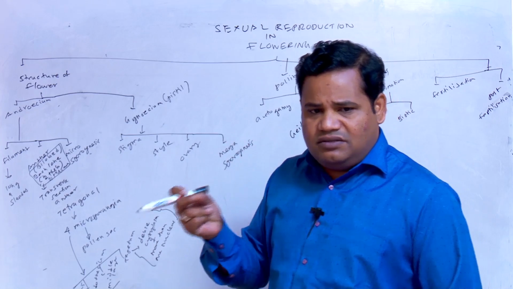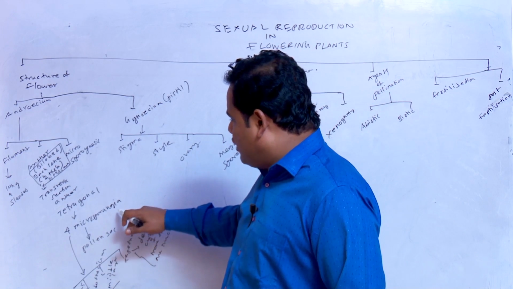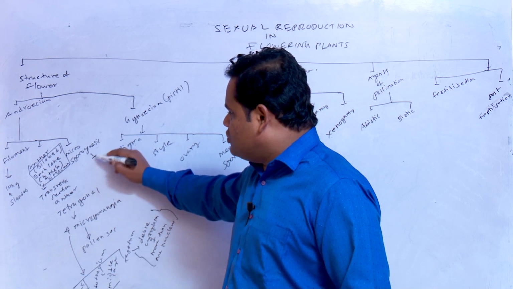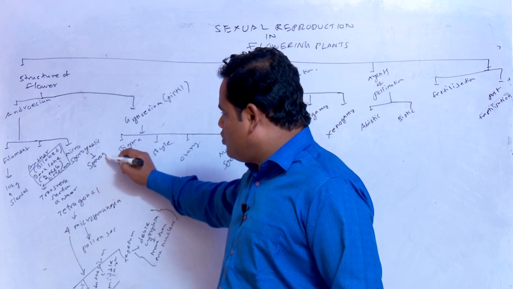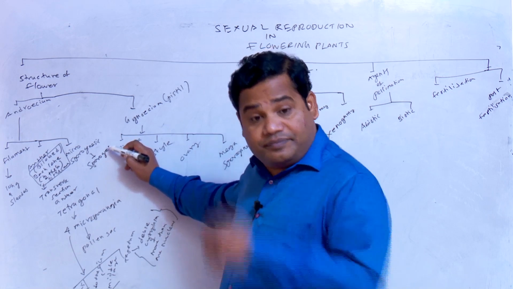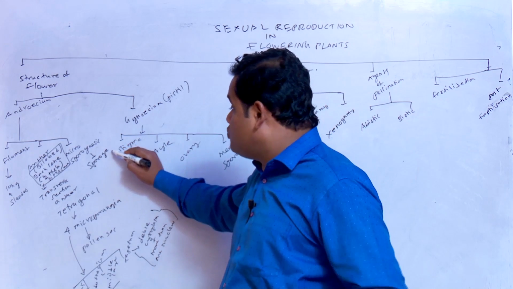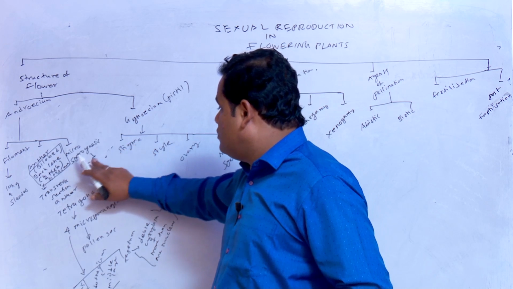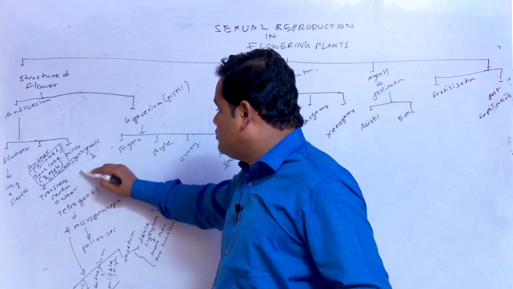So this anther has microsporangia that contain sporogenous tissue.